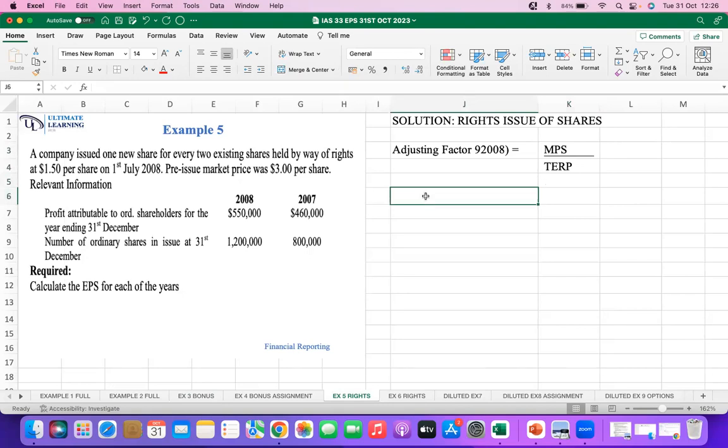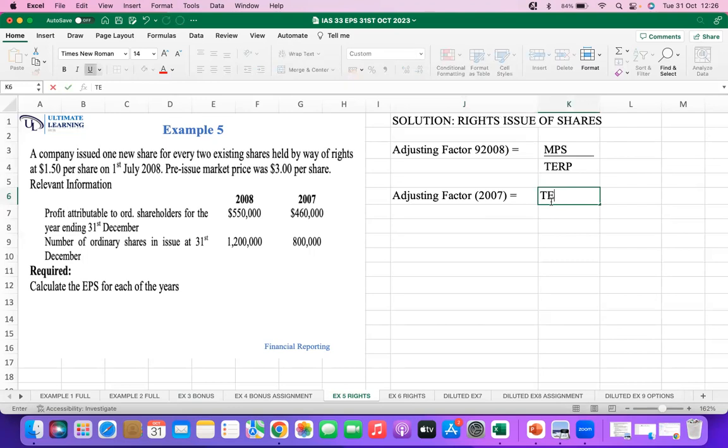We will also find the adjusting factor for 2007, and it will be TAP divided by MPS.